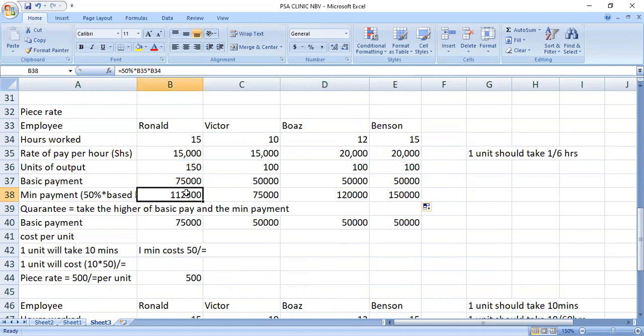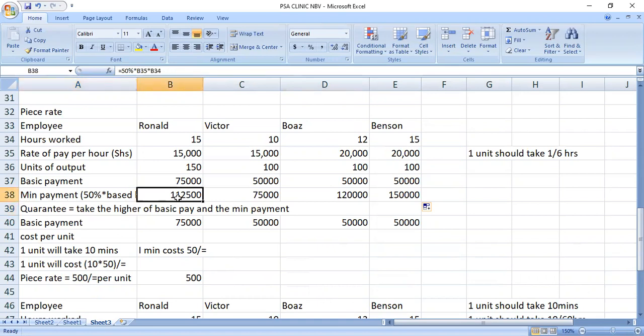What was the basic pay when you use the output? This is the payment. What is your minimum payment supposed to take home? It's supposed to be this. This is how the guarantee works: you choose the higher of the basic and the minimum.